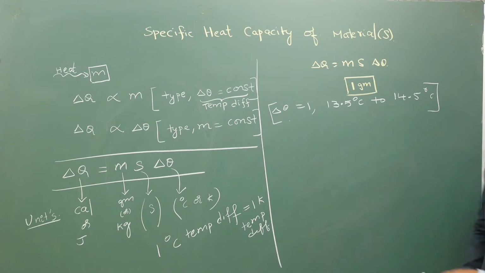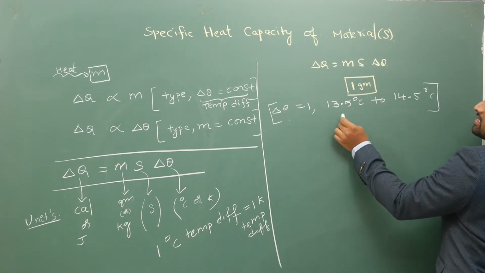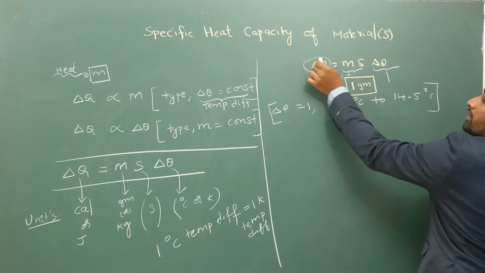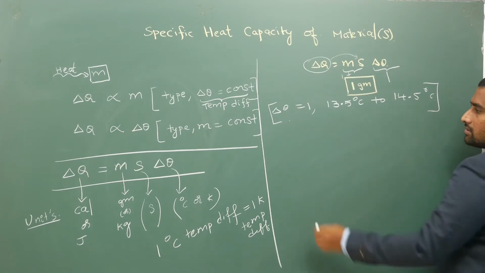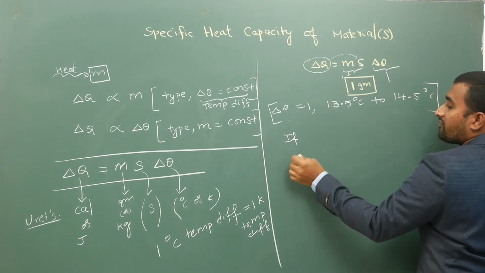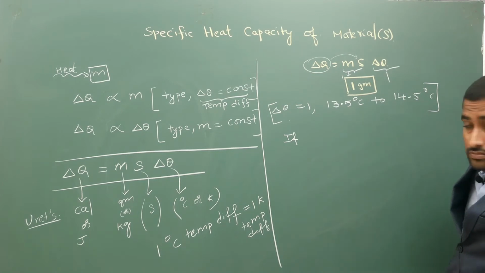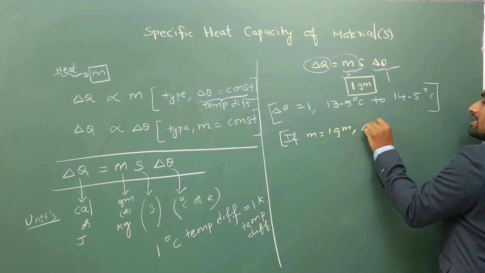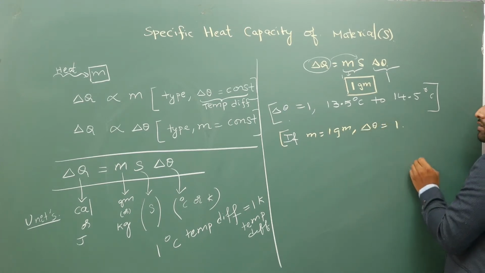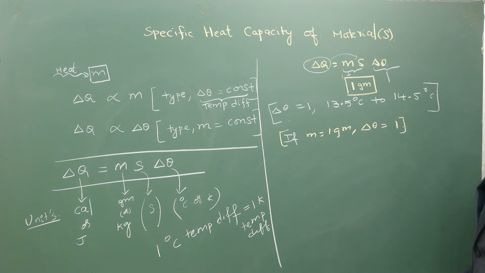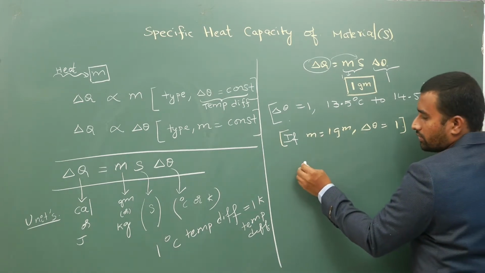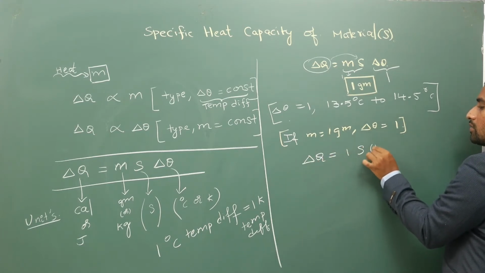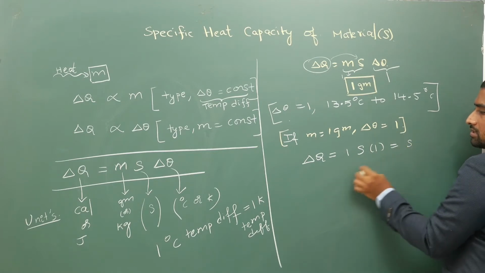If mass is 1 gram and delta theta, that is temperature, is 1, then delta Q is going to be equal to, mathematically, S. So I'll write it here: if mass is equal to 1 gram, delta theta is equal to 1, then delta Q will be equal to 1 into S into 1. So delta Q is equal to S.